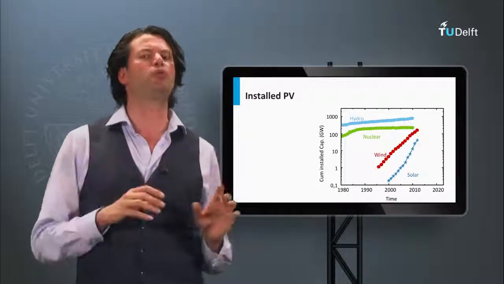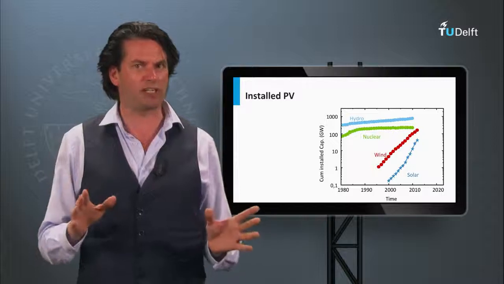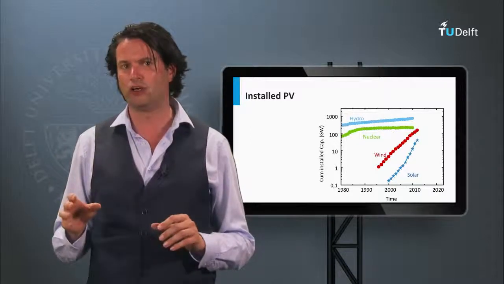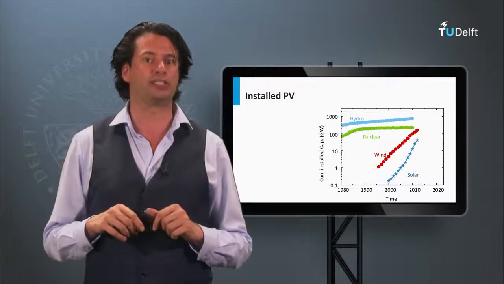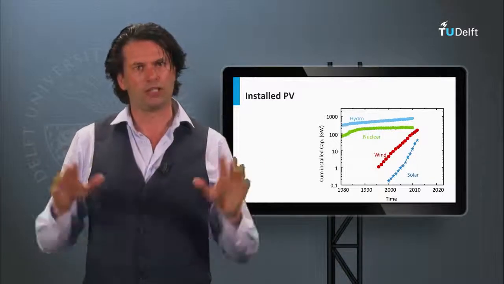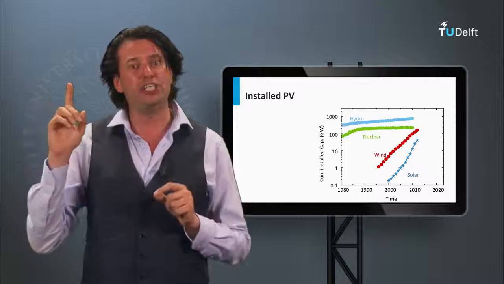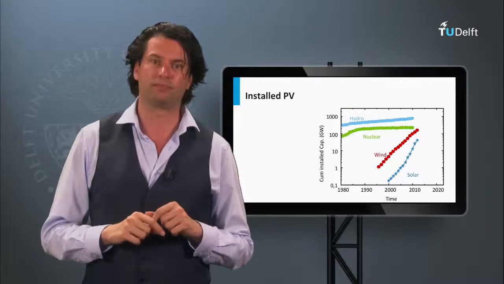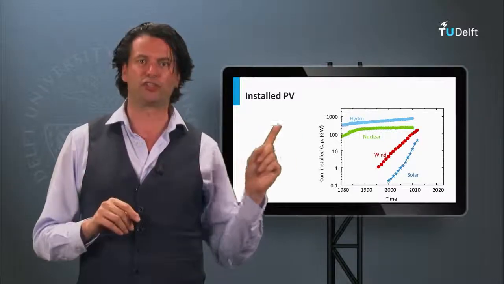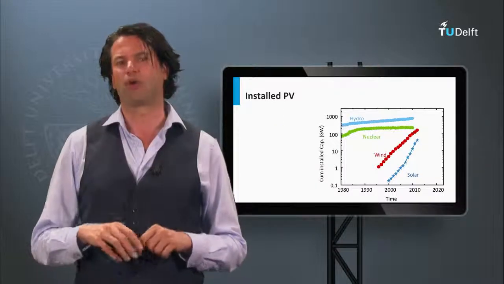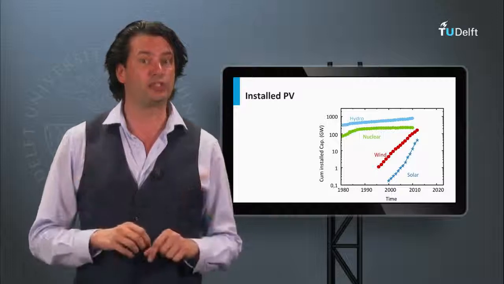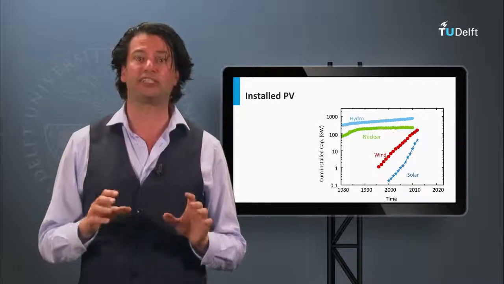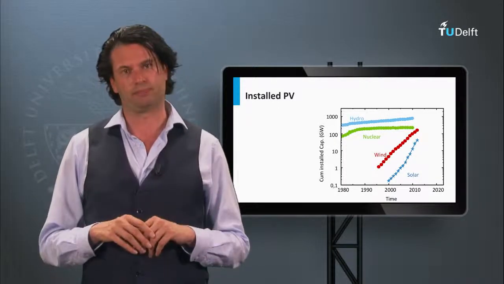In block 1.2 we have discussed that hydropower is responsible for 90% of the total worldwide electricity production and nuclear is 16%. The question now is, how do these numbers compare to solar? For that, I've constructed the following figure. On the vertical axis, you see the cumulative installed capacity, which is expressed in gigawatts of power.